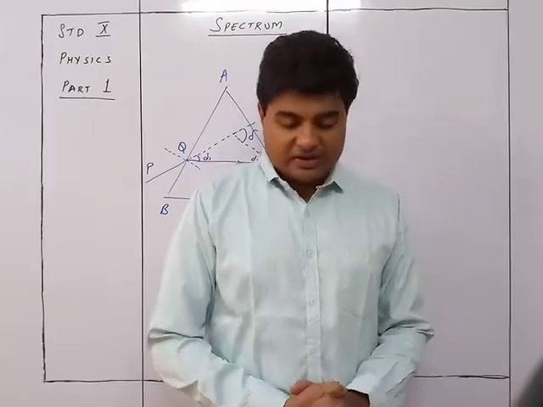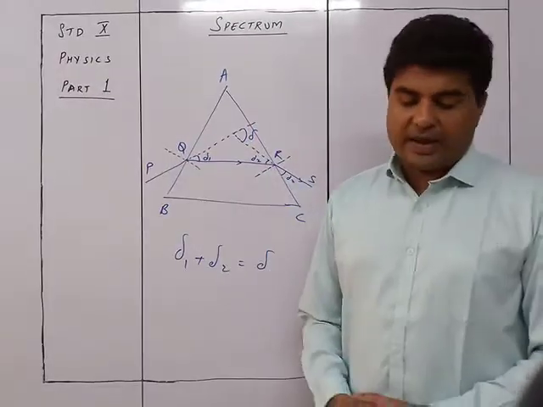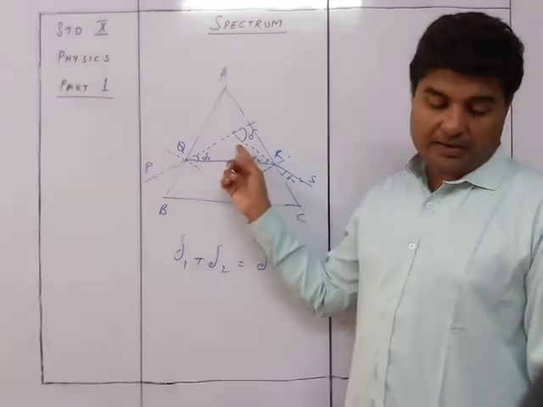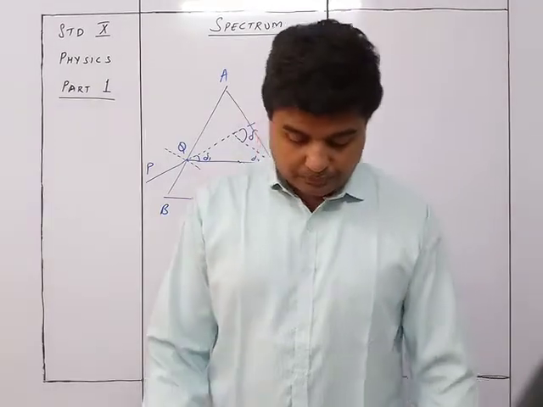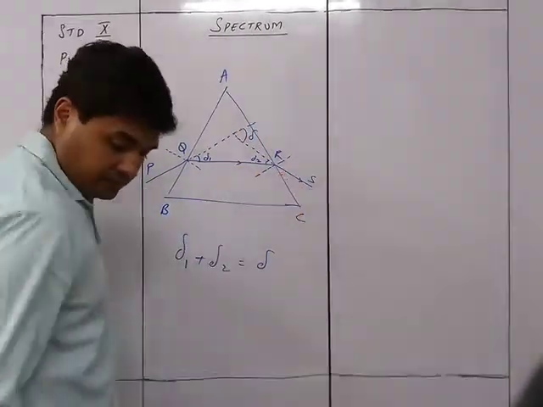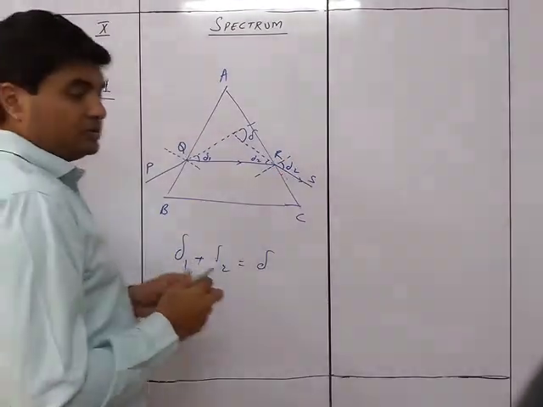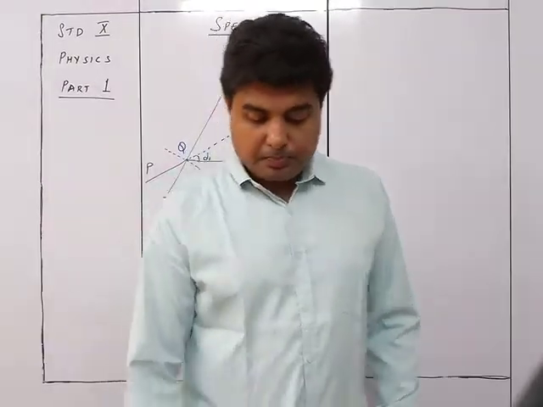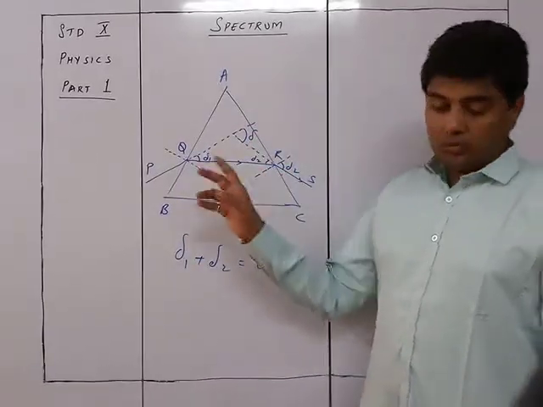The total deviation delta with respect to PQ is given by the emergent ray, so delta is equal to delta 1 plus delta 2.